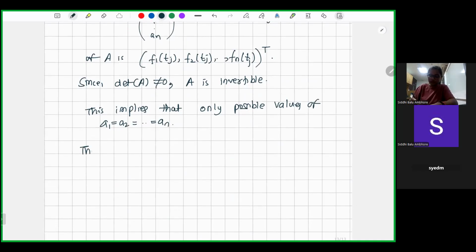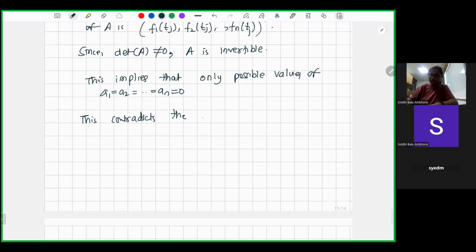Okay, so this contradicts the assumption that A1 to An are all non-zero. Okay, so hence f1 to fn are linearly independent.